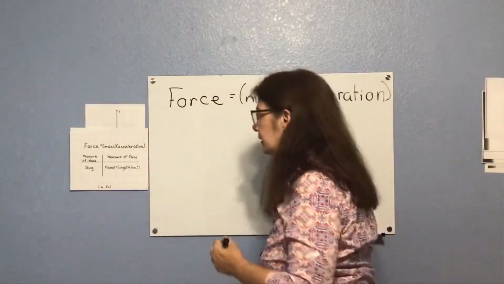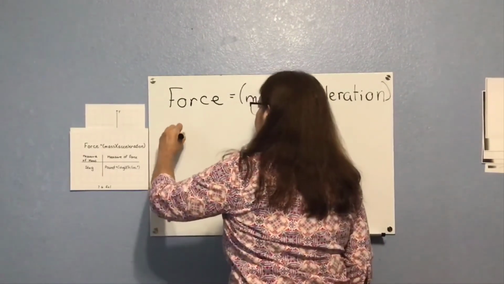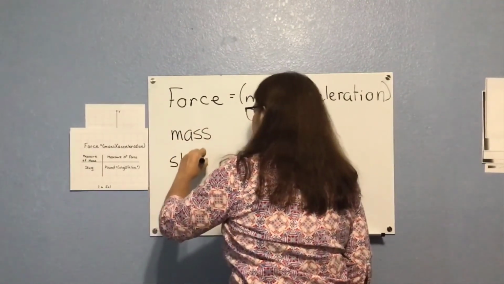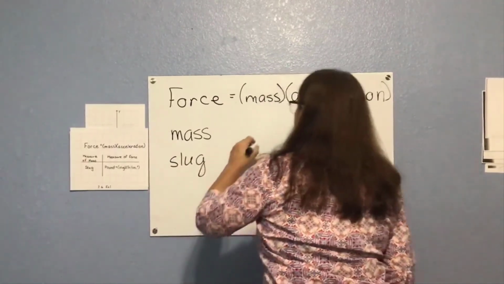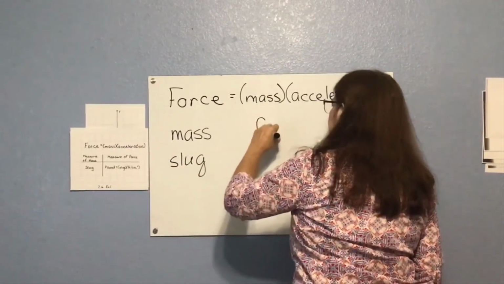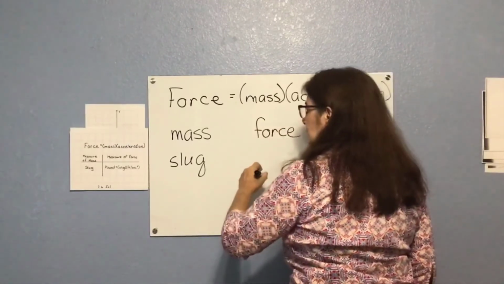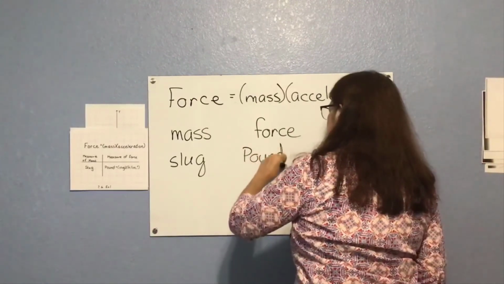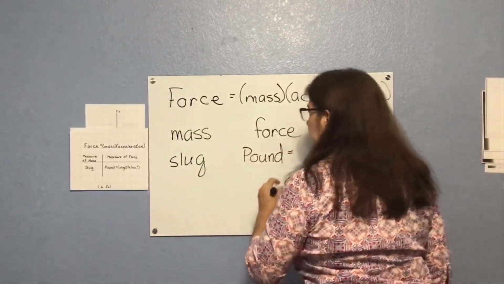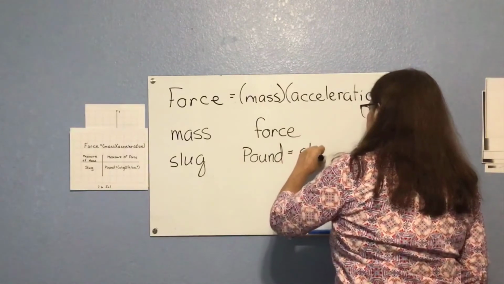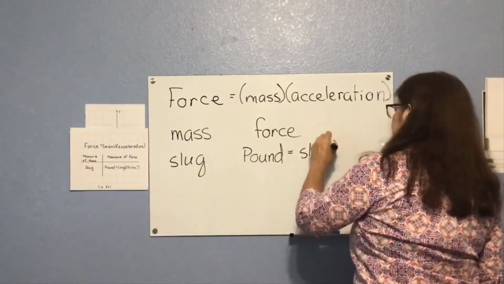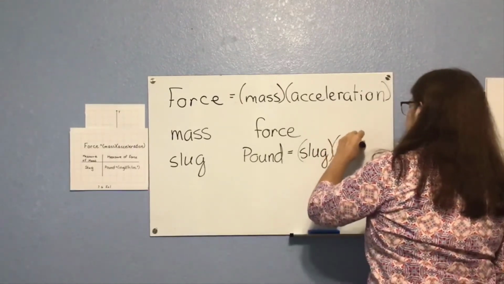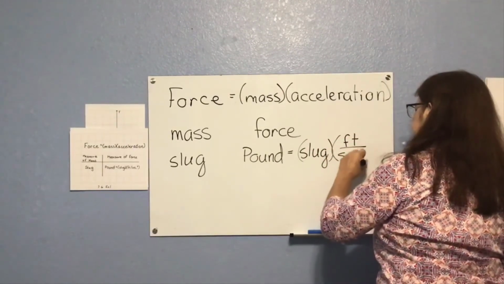In the U.S. system, our measure of mass is the slug, and our measure of force is the pound, which can be expressed as slug, the mass, times the acceleration, which is feet per second squared.